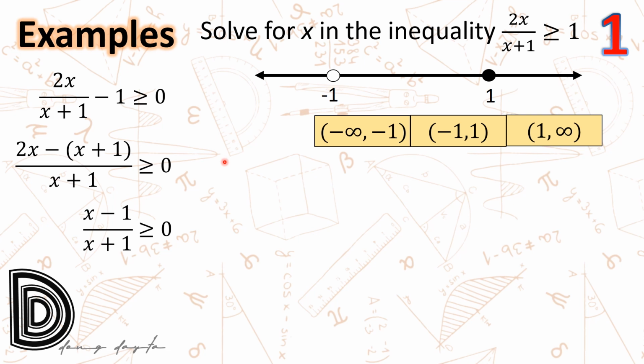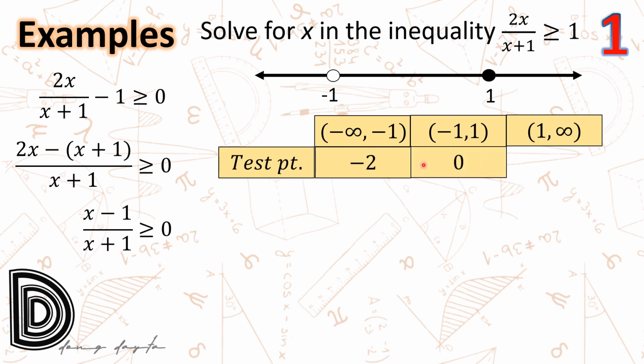We can choose the most convenient test point. Between negative infinity and negative 1, we'll choose negative 2. Between a negative and a positive value, the most convenient test point to choose is 0. And between positive 1 and positive infinity, we'll choose positive 2.